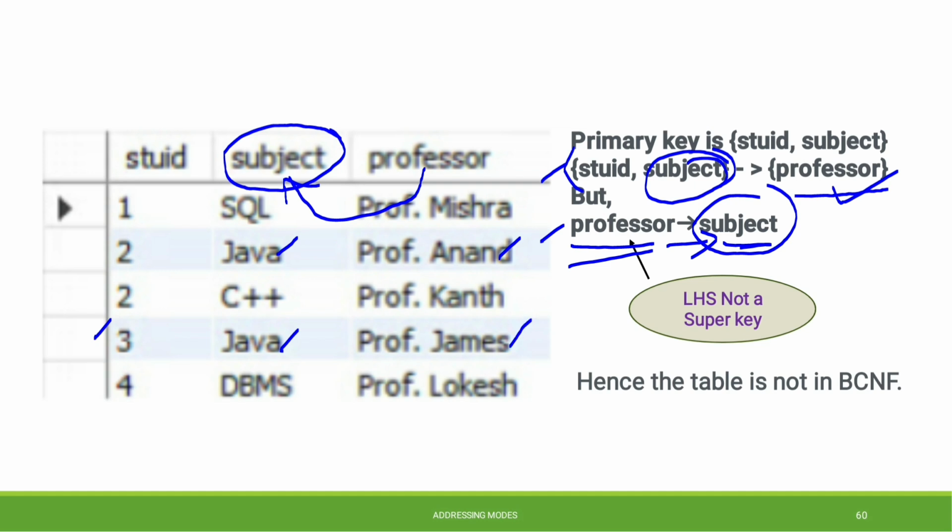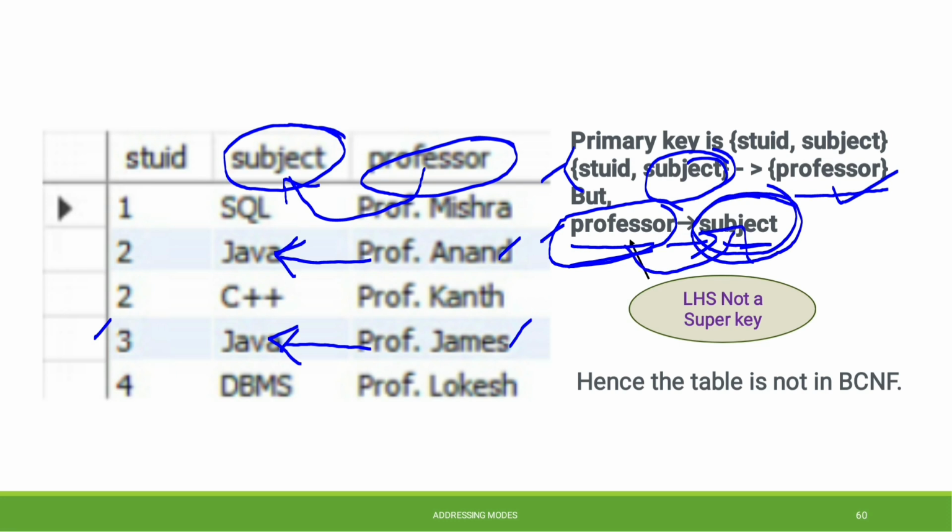Professor James. So here the Professor Anand value is deciding this subject value Java, and here the Professor James value is deciding the subject attribute value Java. Hence this non-prime attribute professor value is deciding the prime attribute subject value.